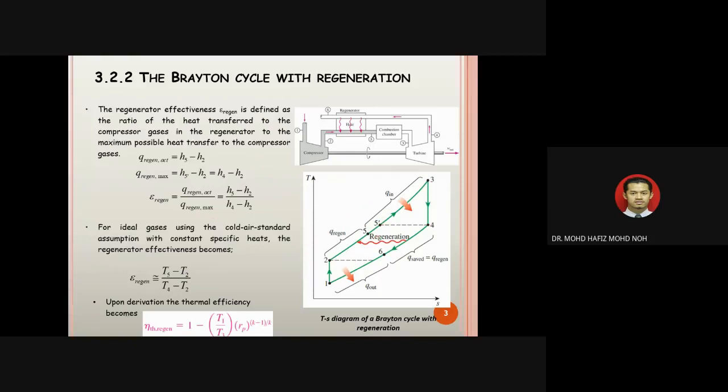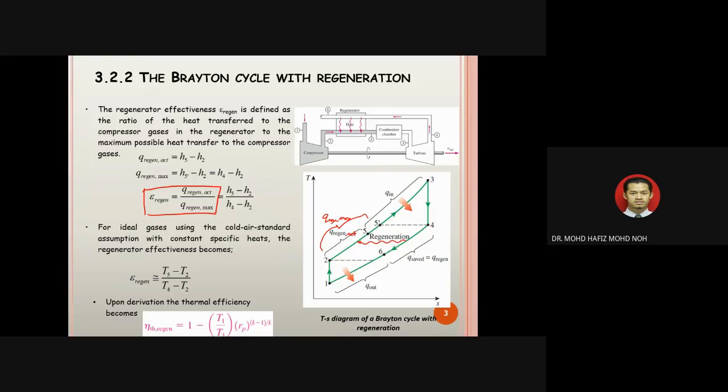As you can see here, the effectiveness of the regeneration can be represented in terms of this expression, where this part is Q regen actual and this part is Q regen maximum.